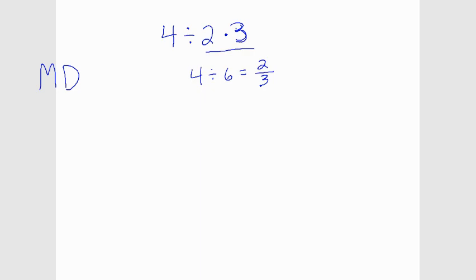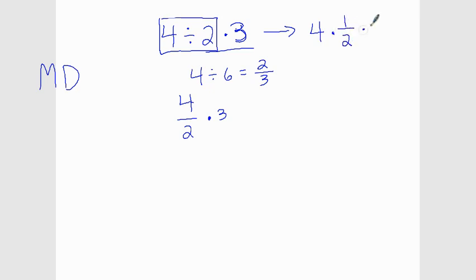Well, this 4 divided by 2 that's here, if we rewrote that as a division problem in fraction form, that would be like this. And so really what you're dealing with is not a 2, but a 1/2 when you're dividing. So it's the same as saying 4 times 1/2 times 3.